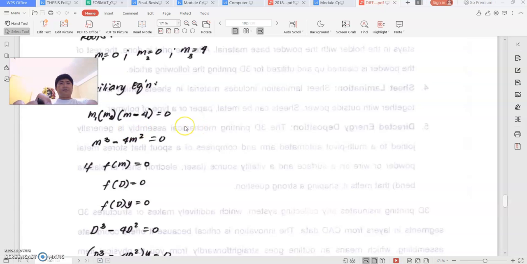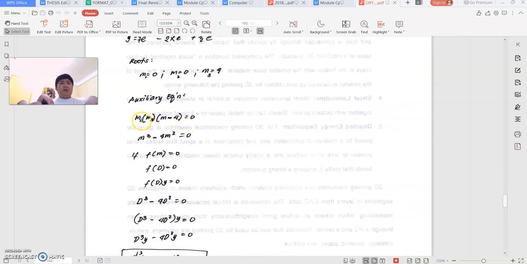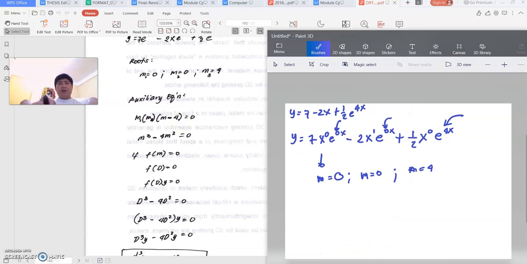Okay. So, when we get the roots, what do we do next? So, we have m, our root, m times m. Since this is 4, this is minus 4 equals 0. So, if m minus 4 equals 0, m equals 4. m equals 0, m equals 0.